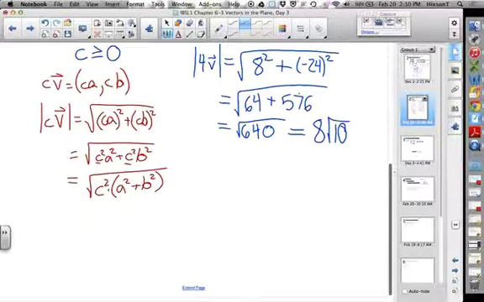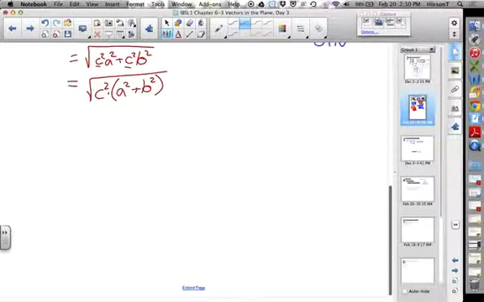We can split it up, take the c squared out and put it in its own radical. And then we have the square root of a squared plus b squared. So the square root of c squared is just c, and this is the square root of a squared plus b squared.